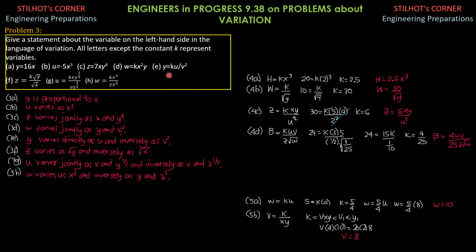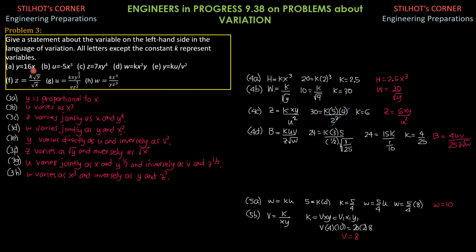E, w equals ku over v squared. F, z equals k square root of y over square root of x. G, u equals kx y to the 1/3 over v z to the 1/2. Then H, w equals kx cubed over y z cubed. So the first one, this is the direct variation.